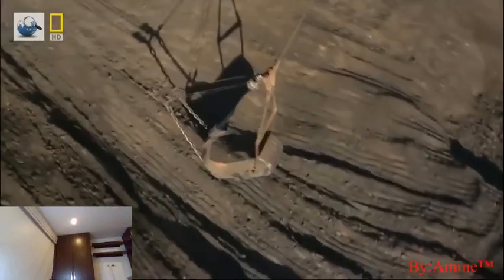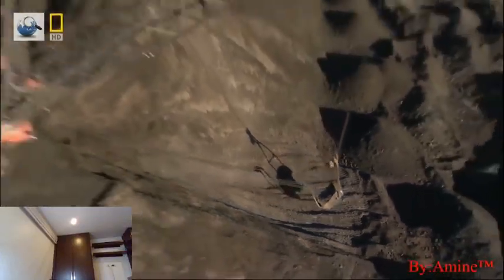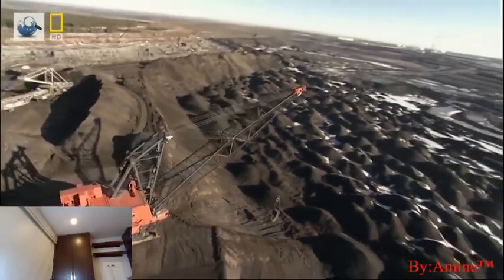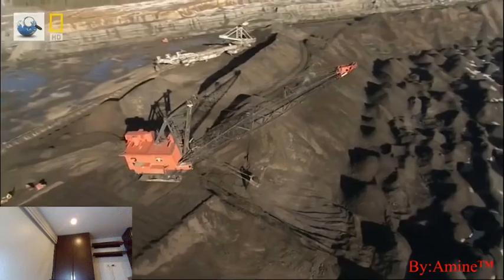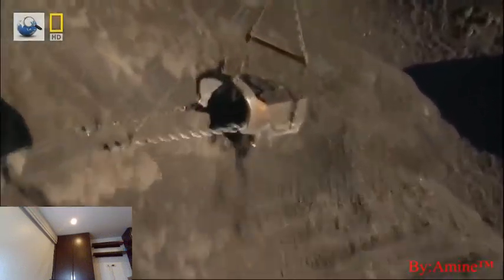At the head of that mighty beast, a dragline, a massive electric-powered shovel, standing almost 20 stories tall, capable of scooping 300 tons. That's like hoisting 27 fully loaded city buses in one go.